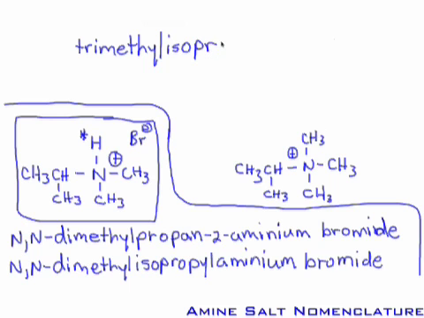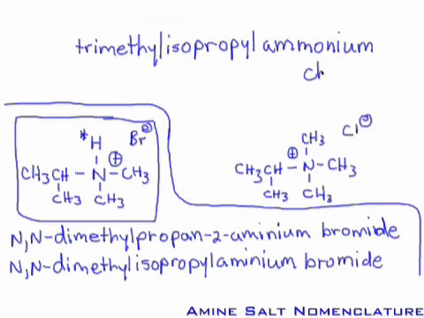Instead of aminium, it gets called ammonium. And if there was a Cl minus, let's say, as counterion, this would be a chloride.